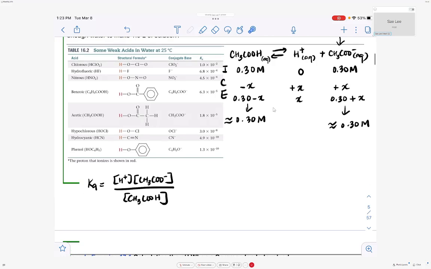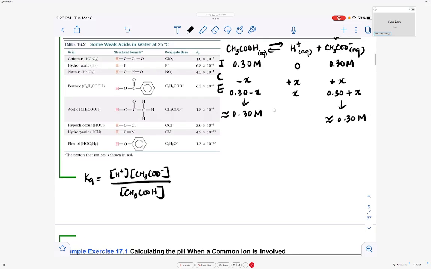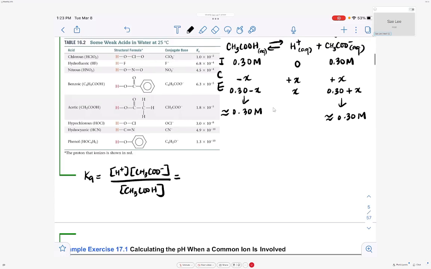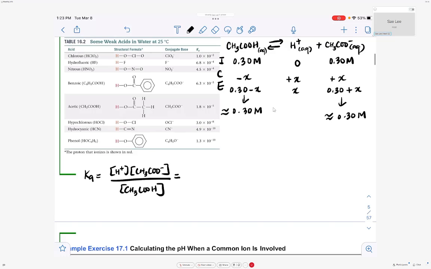Then let's plug this into the Ka expression. The proton concentration is going to be X, and then acetate concentration is 0.3, acetic acid concentration is 0.3.